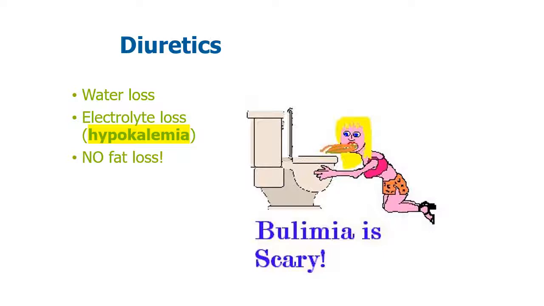Remember, most of the major diuretics, particularly the thiazides and the loop diuretics, you lose potassium in the urine. So maybe the only exception would be spironolactone, but those aren't the most commonly used. So you're worried about the hypokalemia specifically in these patients due to the cardiac arrhythmias that can occur in the future.